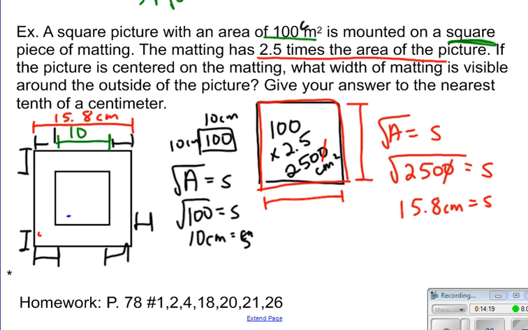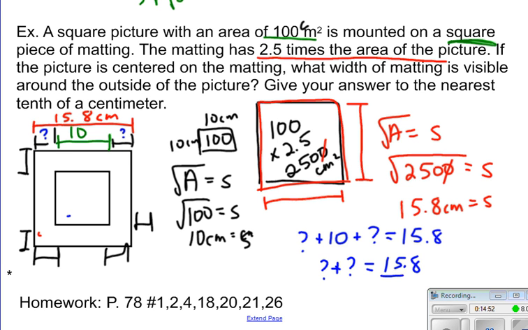And we want to know what are those little lengths in between. Okay, so we've got a big length, two little pieces plus 10 equal 15.8, right? So question mark plus 10 plus question mark is going to give us 15.8. Well, if we take off the 10 from both sides, that means we have two question marks are going to equal 15.8.